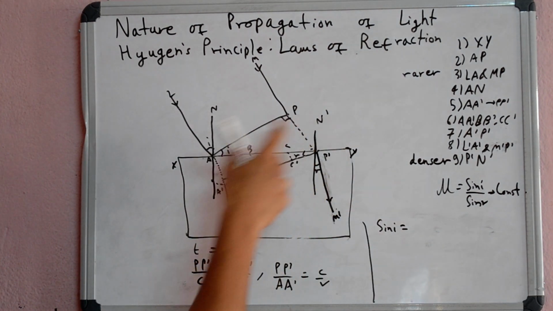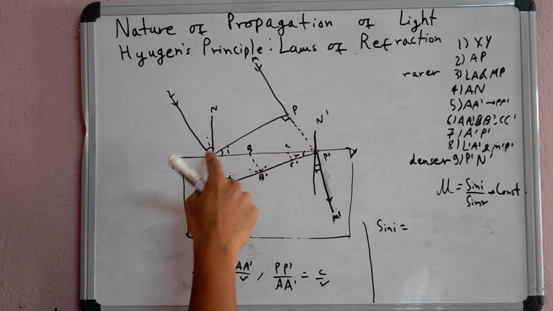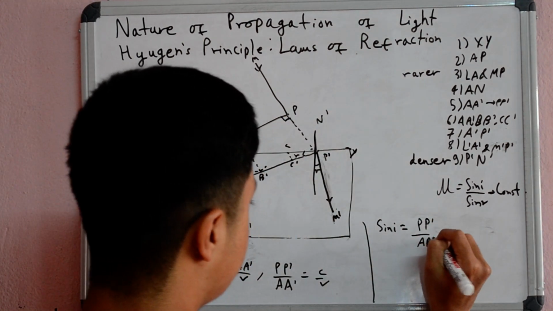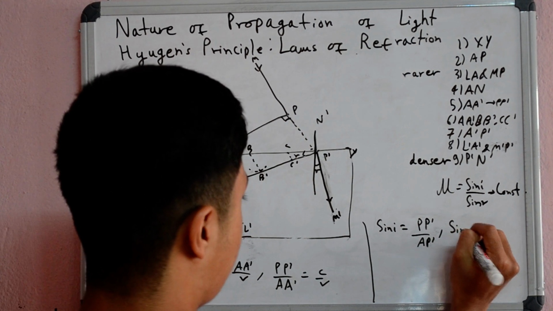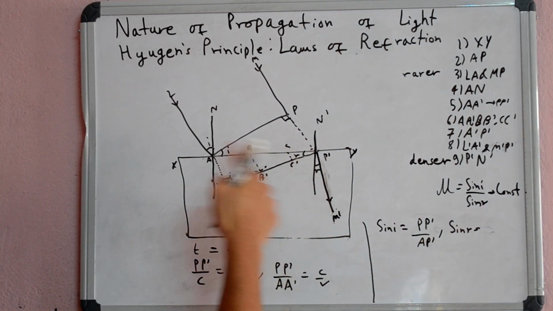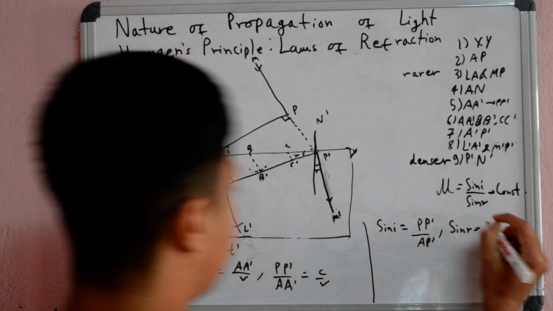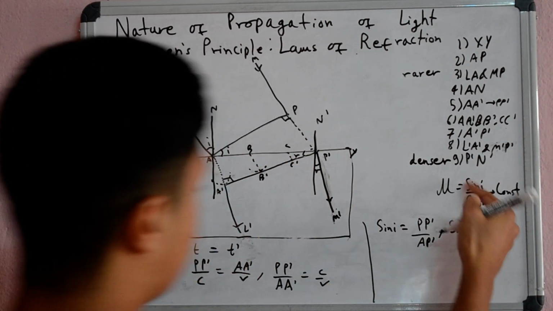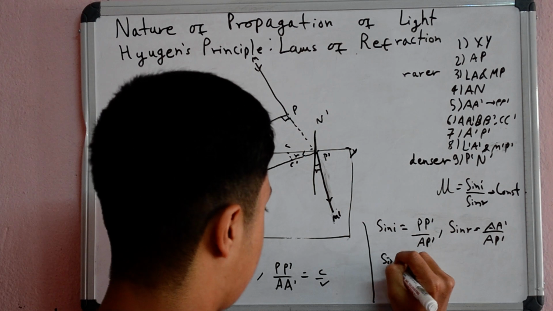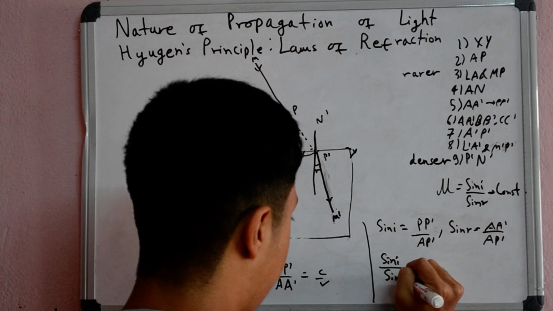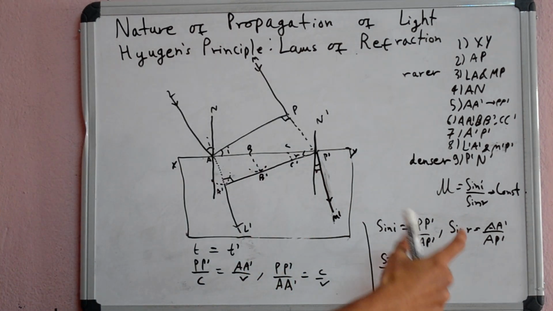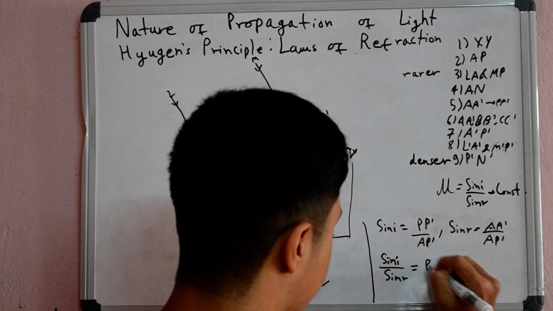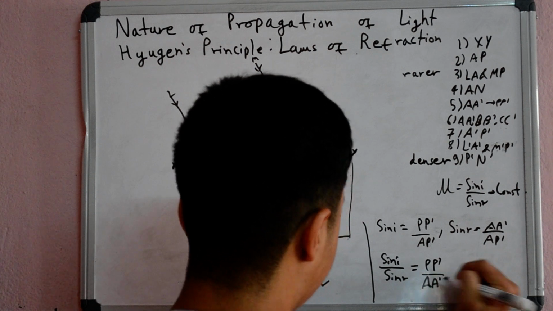From this triangle APP dash, we have sine i equals PP dash by AP dash, and our sine r is equal to, from here, AA dash, PP dash, we have AA dash by AP dash. Now let's just divide sine i by sine r, which is, well, this divided by that, these AP dash cancel, giving PP dash by AA dash.